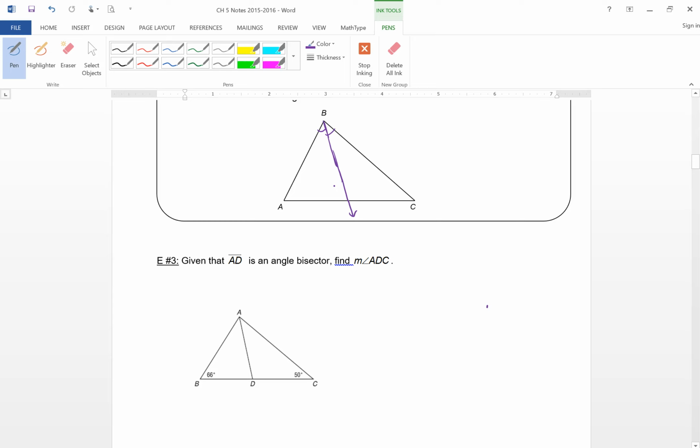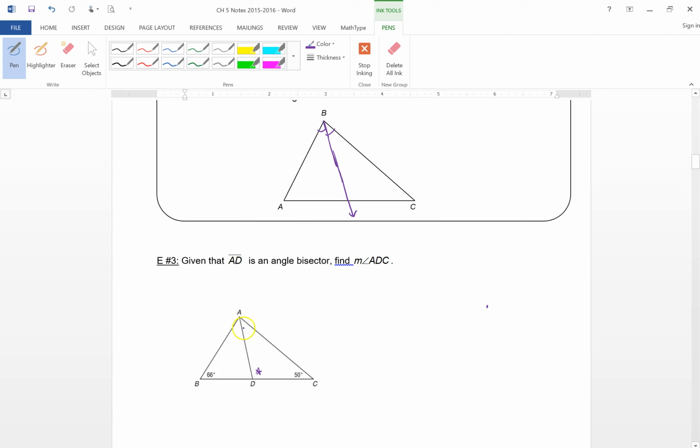Given that AD is an angle bisector, find the measure of angle ADC. So that big angle ADC is what we need to find. If this is 50 and this is 66, then 50 plus 66 is 116.